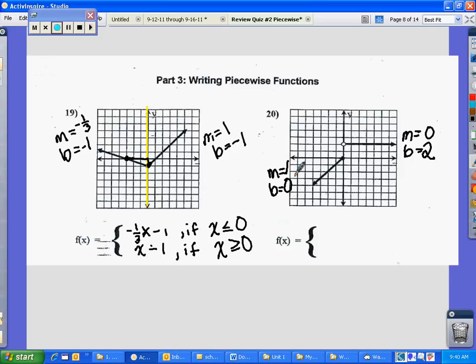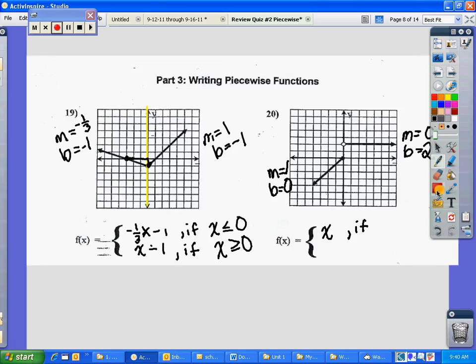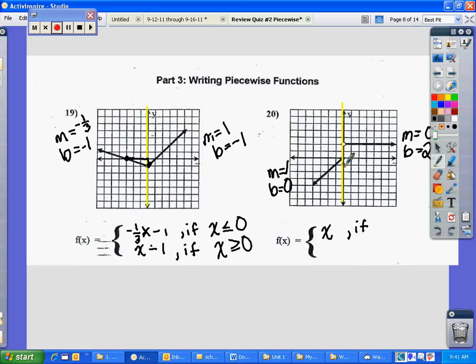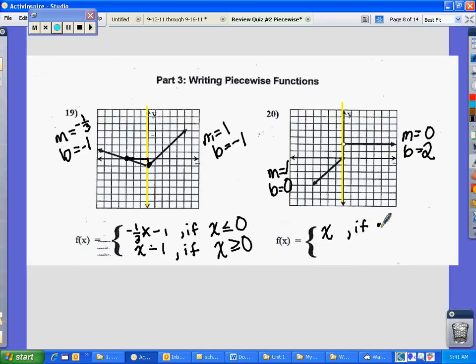So now I'm going to write the equations. mx plus b, 1x plus 0 or just x. And then again you want to identify your boundary line. So your boundary line is again at 0. So that's if x is to the left of 0, or x is less than or equal to 0 because it's a solid dot.